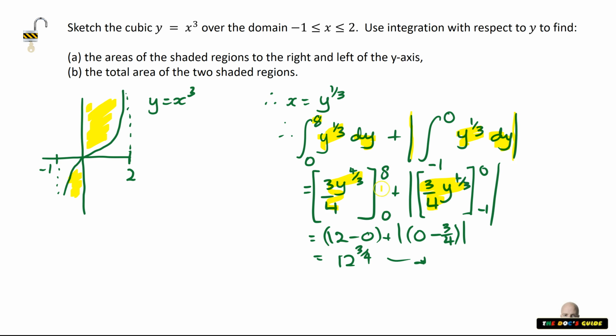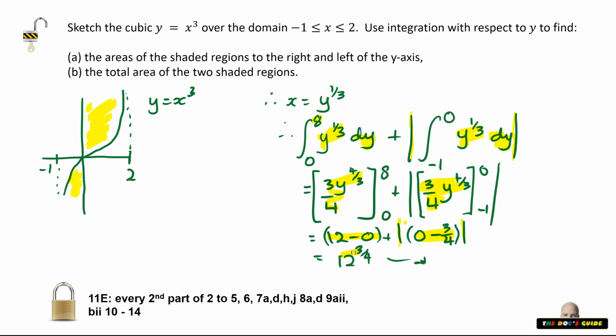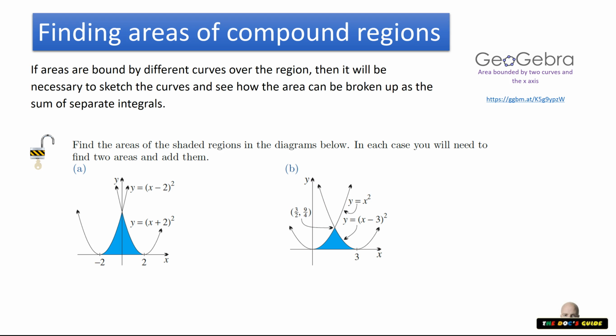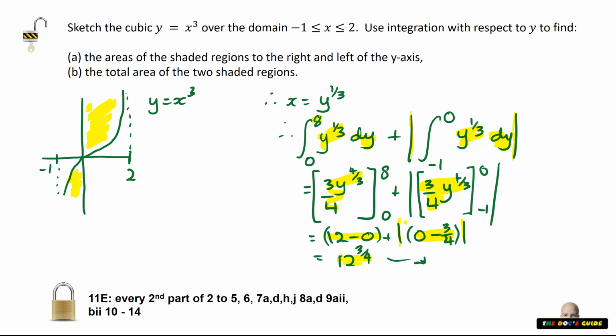When we substitute our values in, 8 and 0, we get a 12 minus a 0. And when we substitute our values of 0 and minus 1 in, we get 0 minus 3/4. That's why we're taking the absolute value. So together, our total area is 12 3/4. And then we could try these questions in 11E.